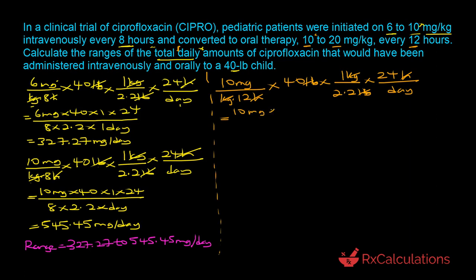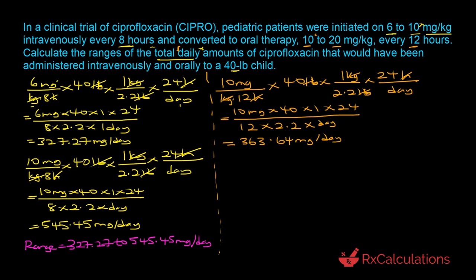So we have 10 milligrams times 40 times 1 times 24 divided by all the terms in the denominator, so you have 12 times 2.2 times 1 day. And now this is equal to 363.64 milligrams per day.